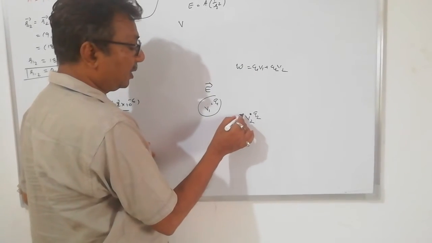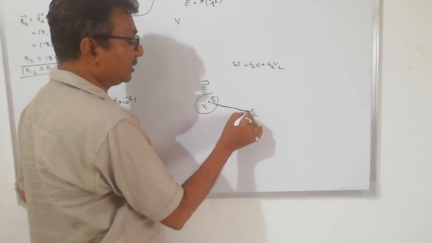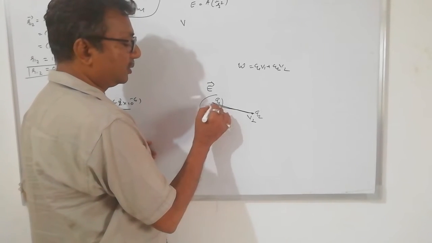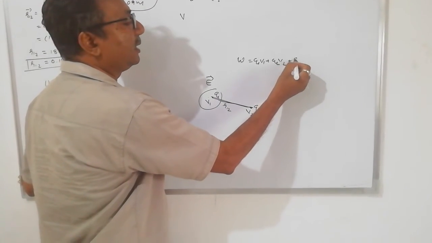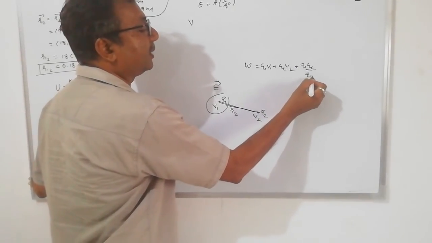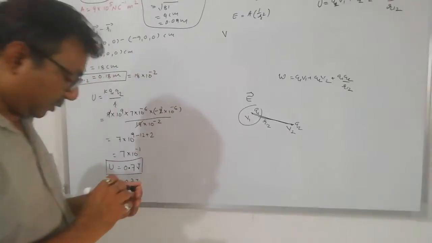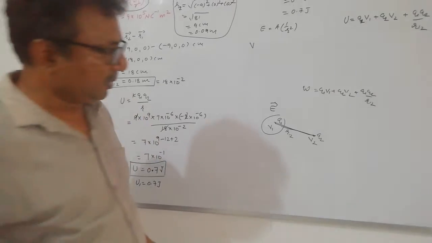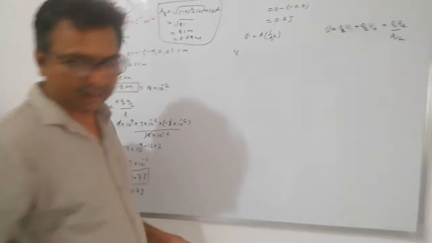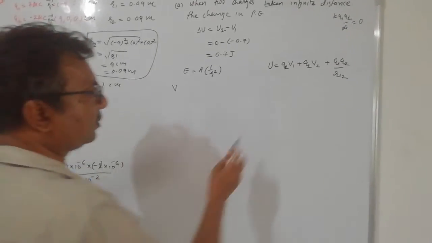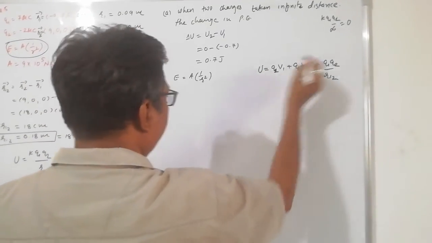And now the system of these two charges, distance is R12. So the third one is Q1 Q2 upon R12. So the total work done for this system of Q1 and Q2 charges is found by this formula.